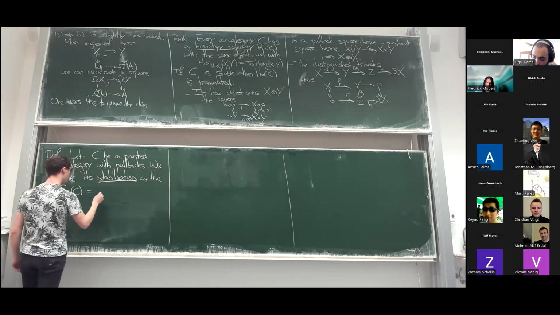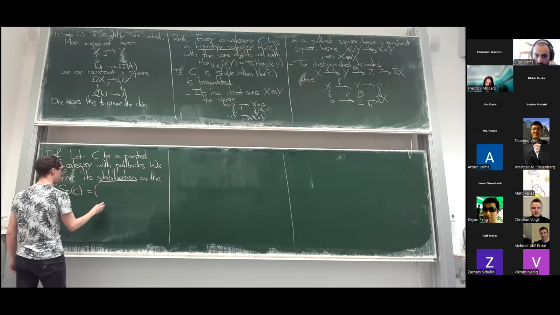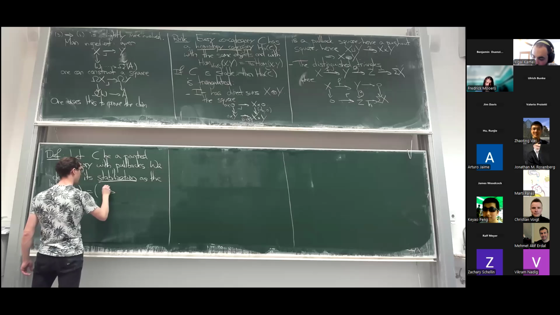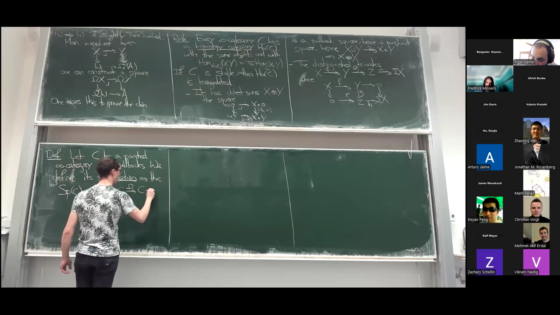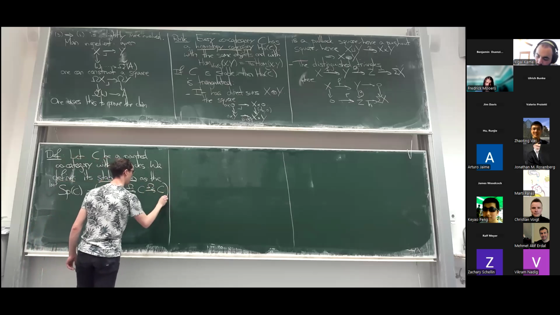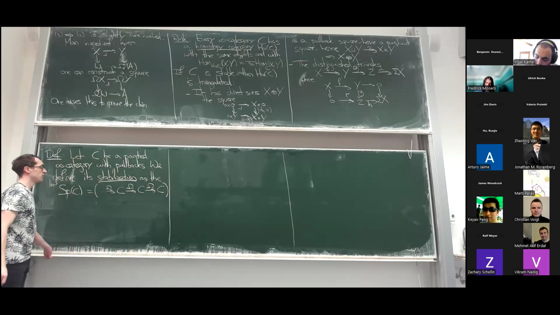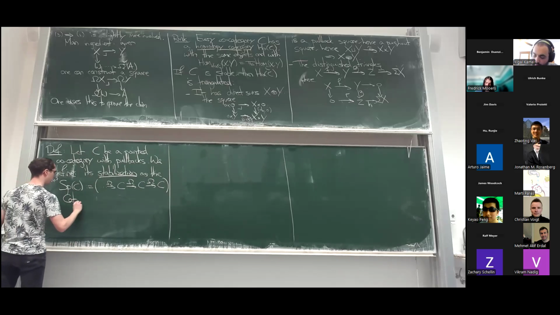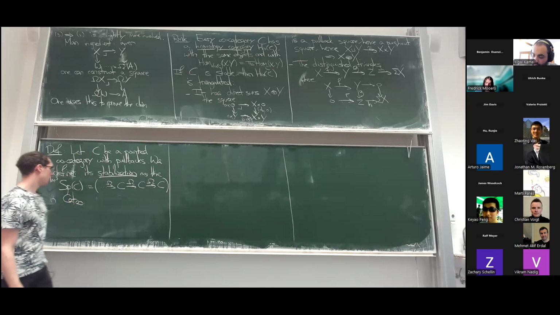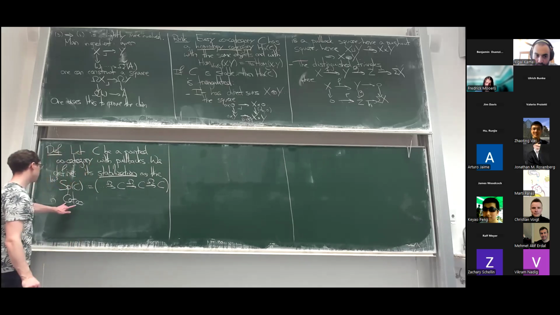So I'm taking a limit of infinity categories. Formally, it's a certain limit in Cat infinity.